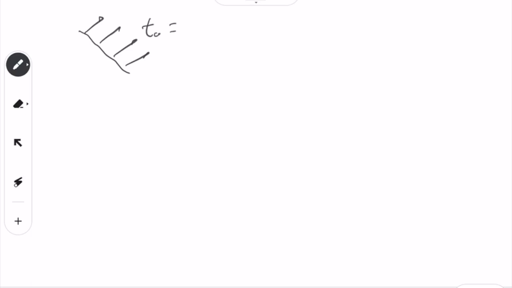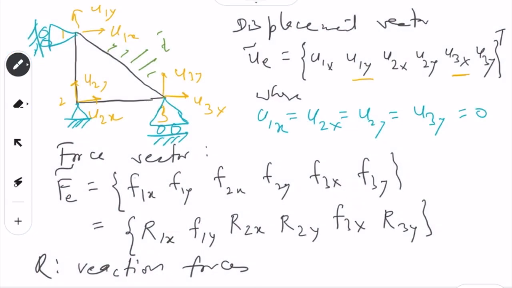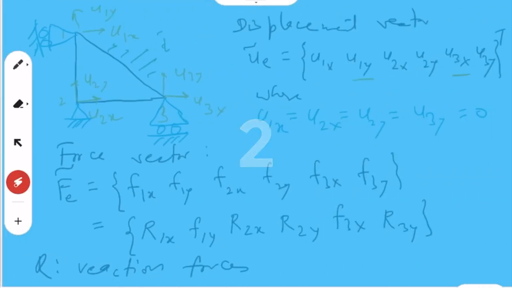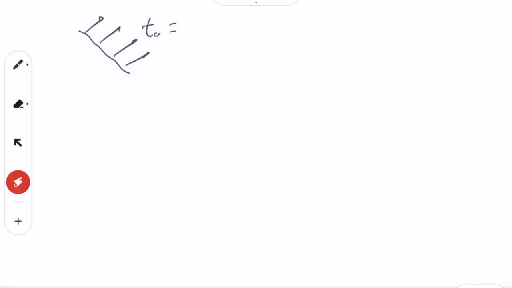So, T naught is equal to 15 Newton per meter. Okay, done.